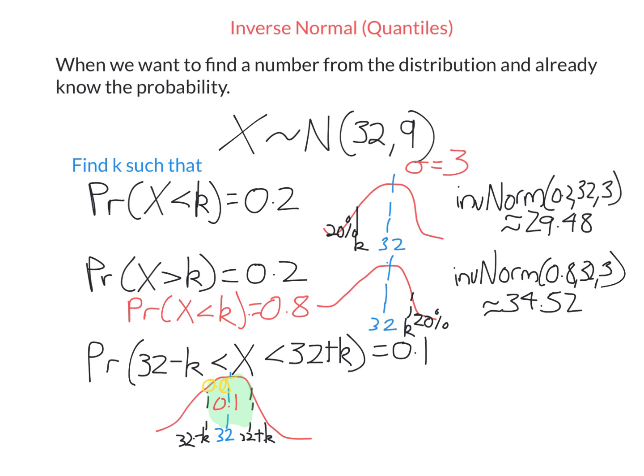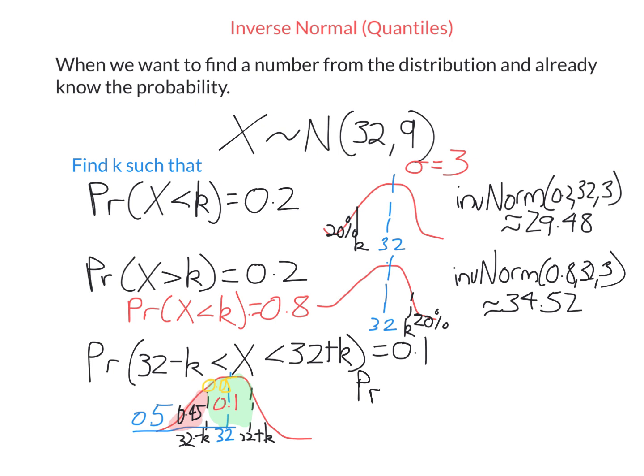We also know that the probability of being less than the mean, this whole area here, would be 0.5. That works for any normal distribution. So what we have is that the area of being less than 32 minus K, this area here, must be 0.45.